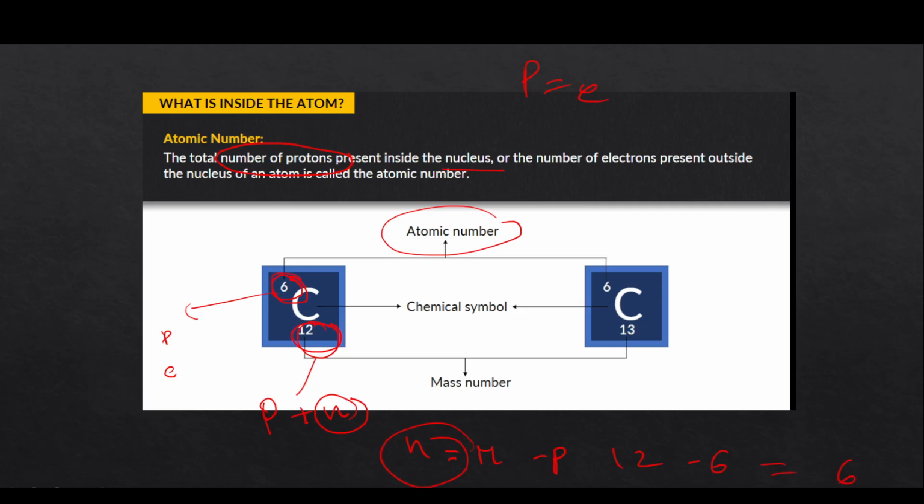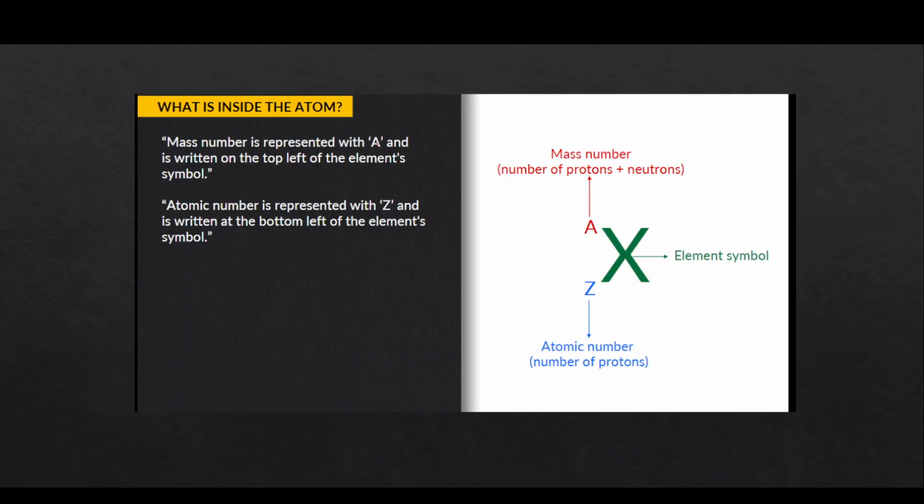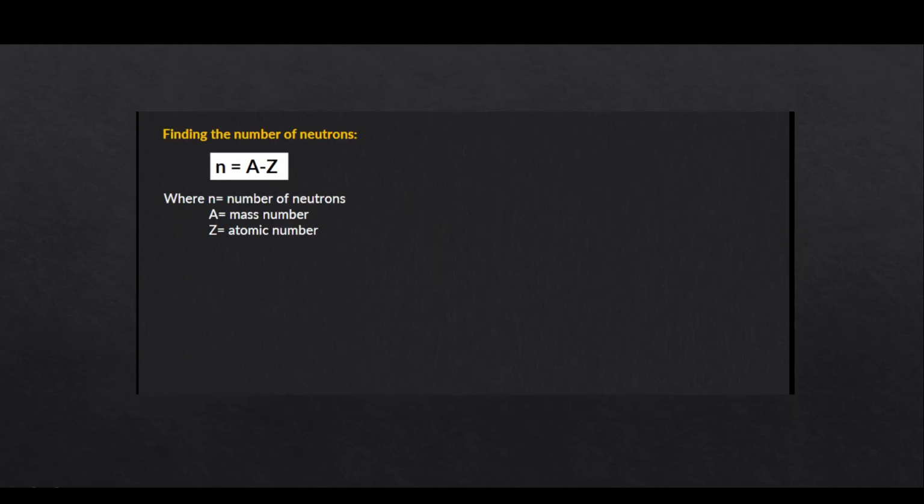12 minus 6, right? So mass number we represented with letter A, and this is always the element symbol. We write it at the top, and at the bottom atomic number is written, which is number of protons. So now to find number of neutrons, because the mass number is number of protons plus number of neutrons.